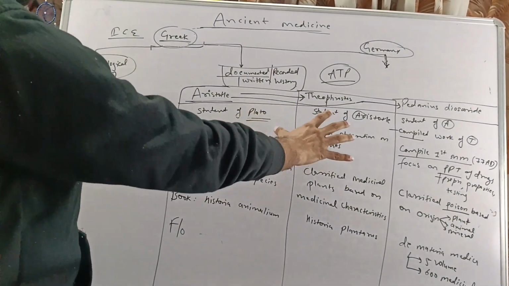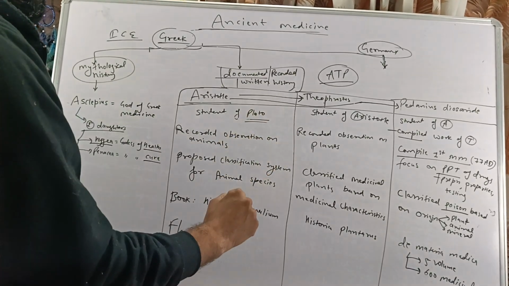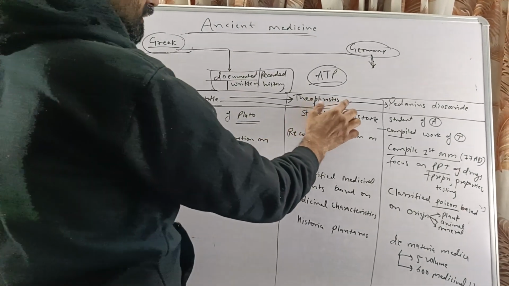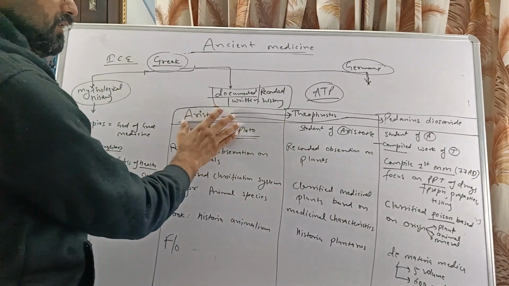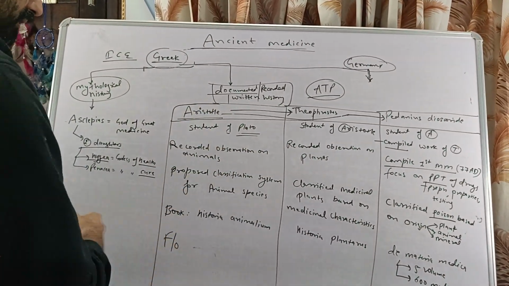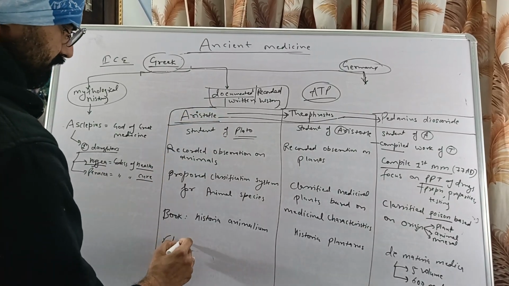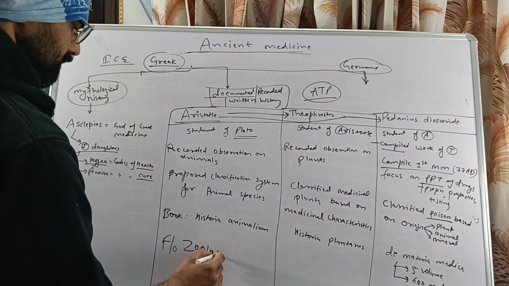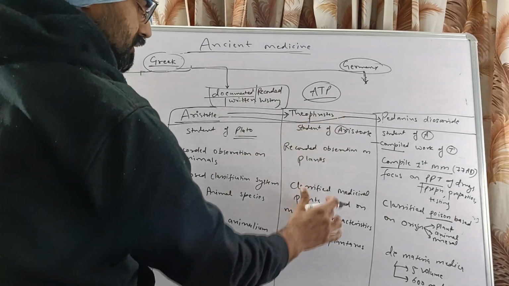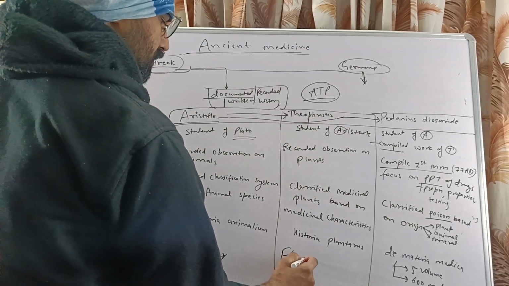So this is about these three Greek philosophers, where two are students of Aristotle. Aristotle worked on animals, so he is known as the father of zoology, and Theophrastus is the father of botany.